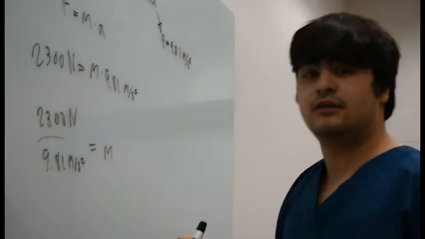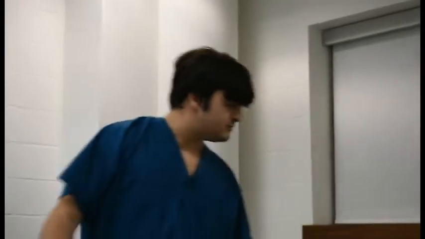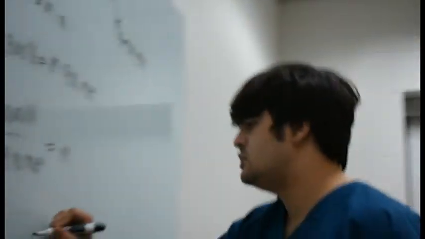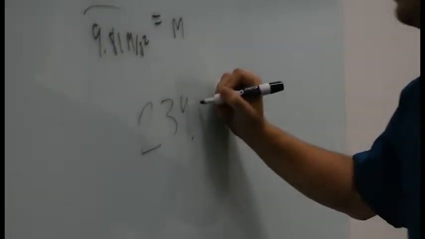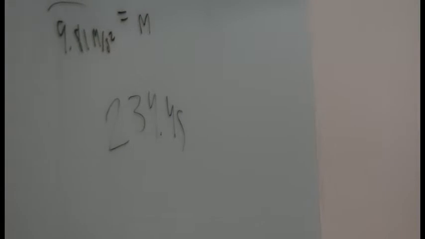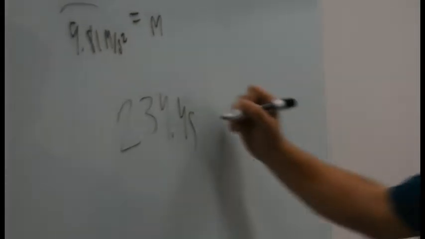We're going to get something in kilograms, and that is going to be, let me look at my calculation real quick. That's a pretty big number. 234.45? Was it 4.5? 4.5 kilograms.